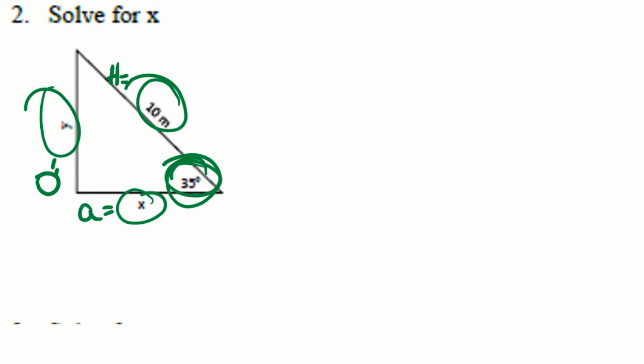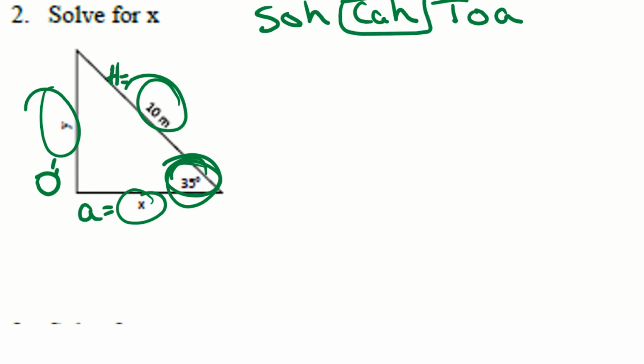Because I am solving for x, which is labeled as adjacent, thinking of SOHCAHTOA, that means that I would be using this one right here, because that's the one that's involving adjacent and hypotenuse.